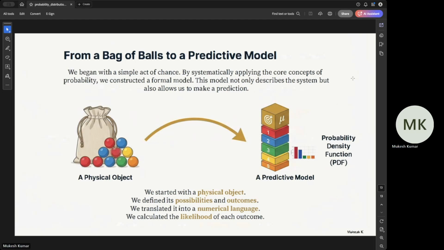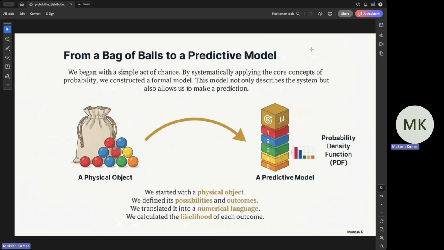Now, coming to AI models. AI models do not explicitly store the probability density functions, but they are trained in such a manner as to approximate the probability density function.